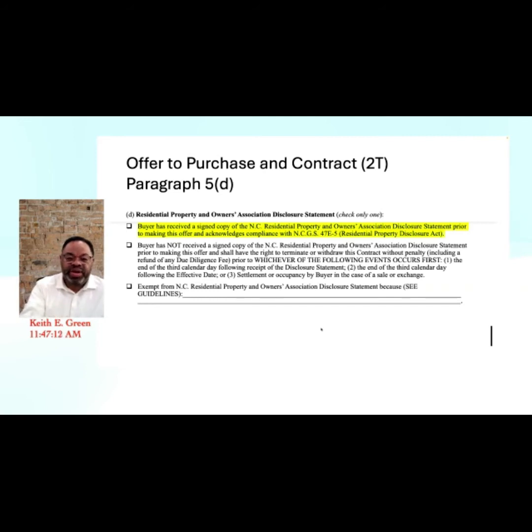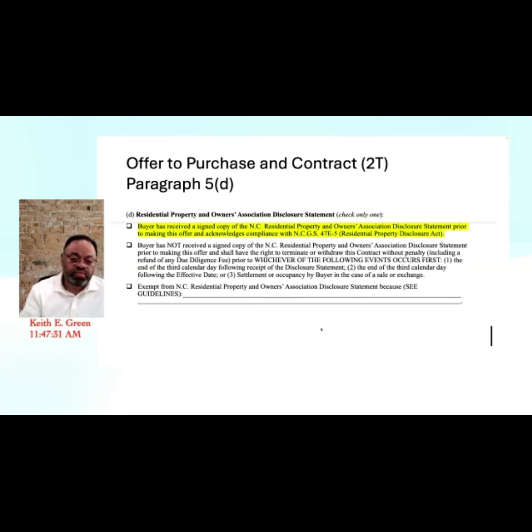Now, it might have been presented during the negotiations, but some brokers were trying to make a point of saying, we need to get our due diligence money back because we didn't get it before we got the offer, although they had copies of it in the negotiation period.